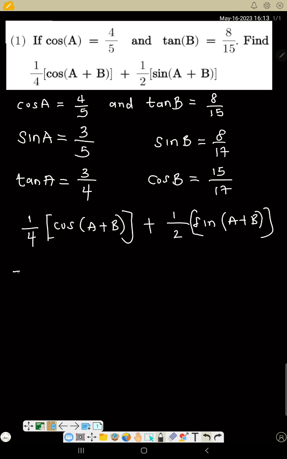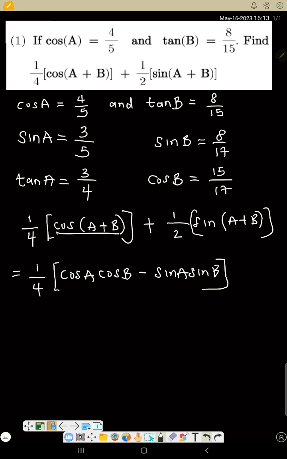This is the same thing as 1 over 4 times cos A cos B minus sine A sine B. This is the identity for cos(A plus B).